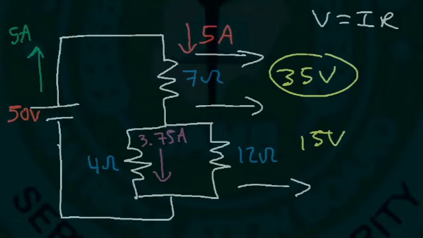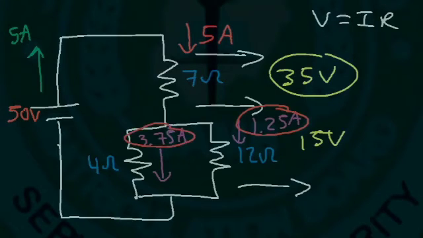And 15 divided by 12 is 1.25. So 1.25 amps flows through the 12 ohm resistor. Notice that the currents that leave this point are equal to the current that enters the point. 3.75 plus 1.25 adds up to 5, in harmony with Kirchhoff's current law.